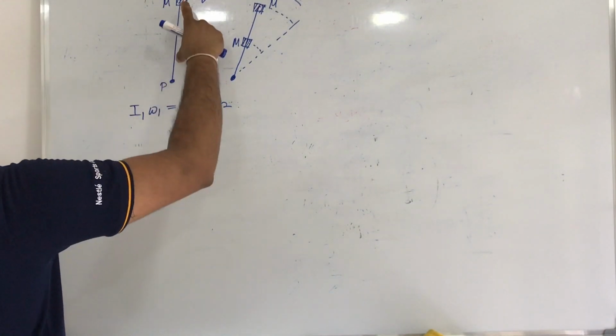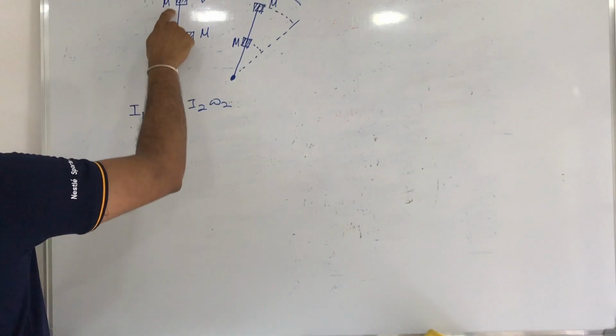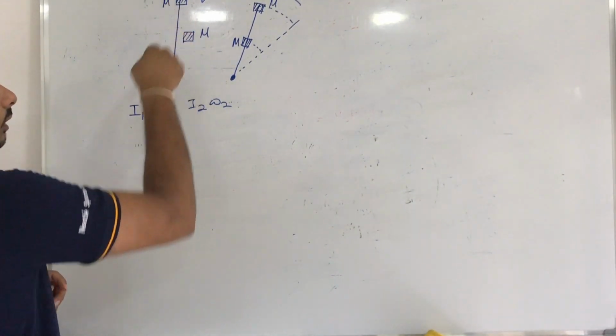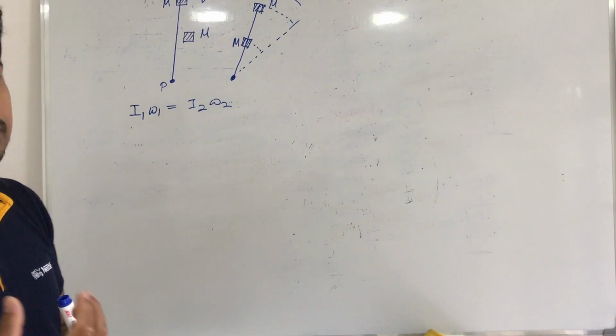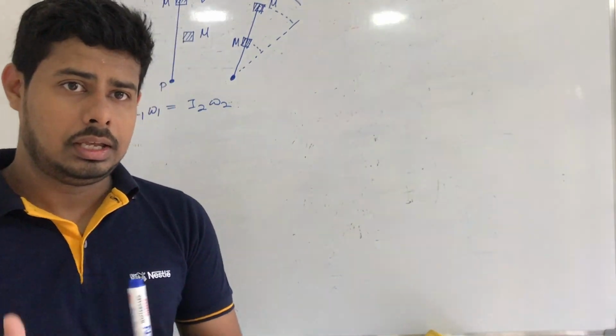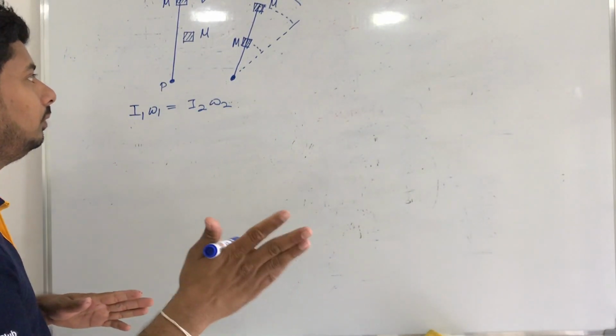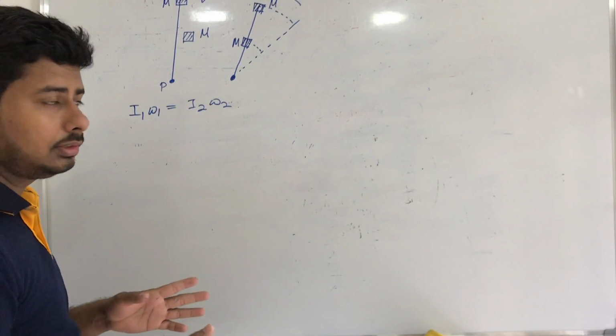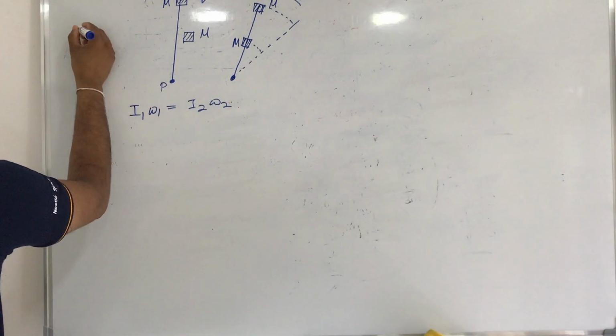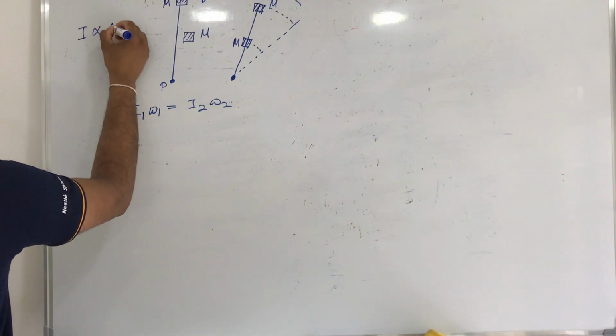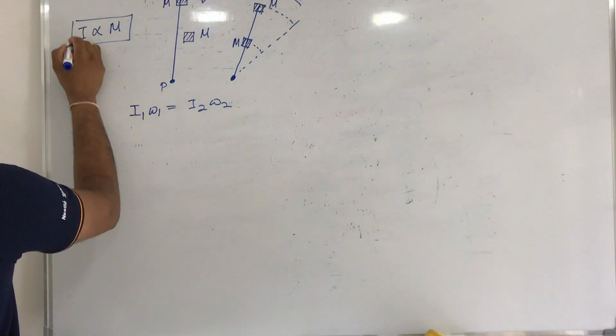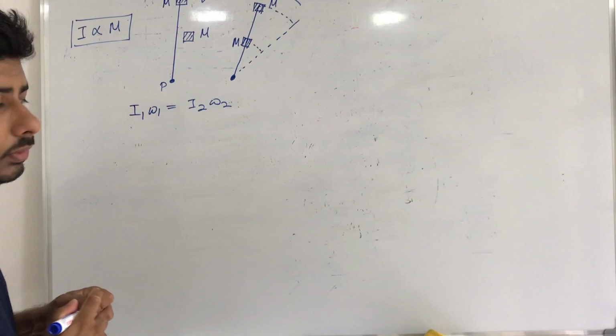If you consider the first case, we know that this rod is massless. So it does not carry any moment of inertia, because moment of inertia is directly proportional to mass. If you have covered the theories well, you know that I is proportional to M, the mass of the object.